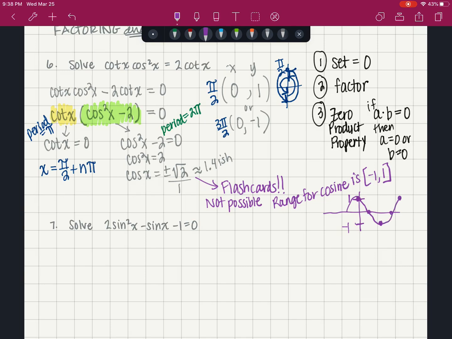This is our graph. It goes as high as +1, as low as -1. Square root of 2 is up here. Cosine of x will never get above a value of +1. Not happening. Not possible. Therefore, no answers are generated from this factor.